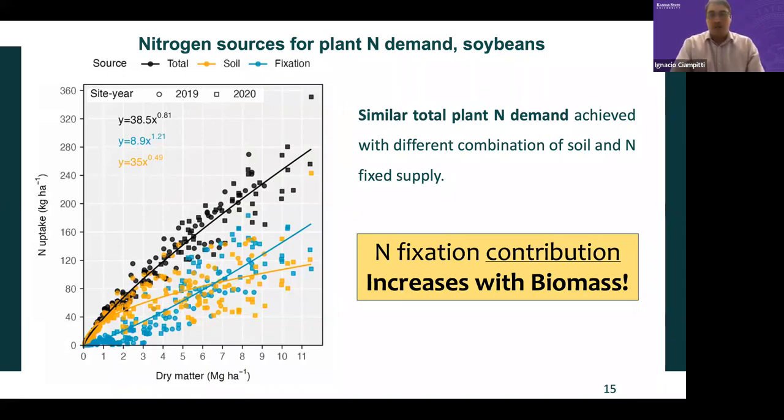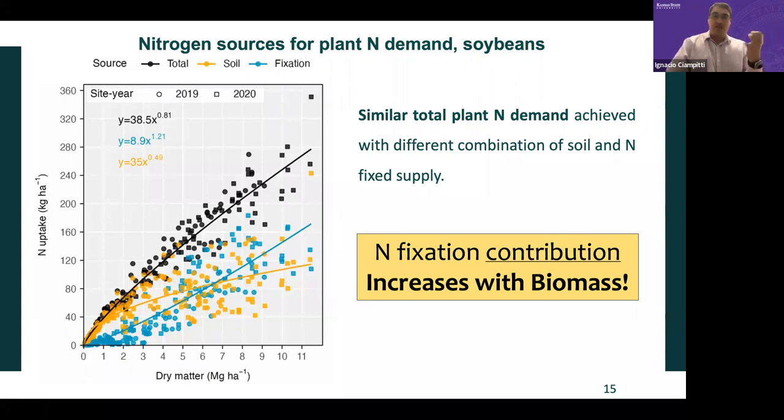It's important to understand this relationship because we wanted to understand if we can use the amount of plant growth in vegetative stages as a proxy of the fixation. We are seeing that as the plants are growing and accumulating more vegetative tissue, more biomass, the plant needs more nitrogen, and this black line is very linear. The question is, where is that coming from?